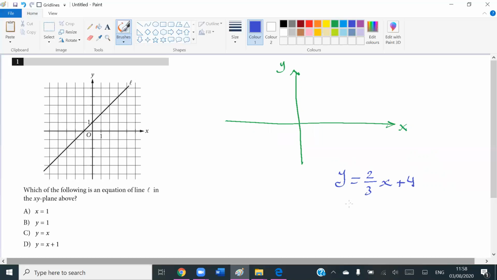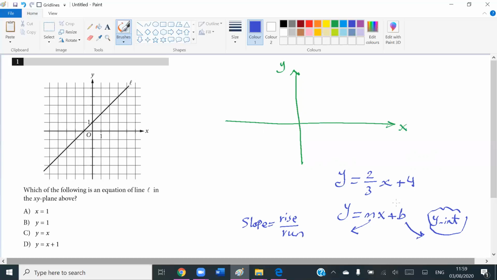This is called slope-intercept form. y equals mx plus b, where b is called the y-intercept, the intersection with the y-axis. And m is the slope of the line. Of course, you know the slope equals rise over run, or in some cases, we use y2 minus y1 over x2 minus x1.